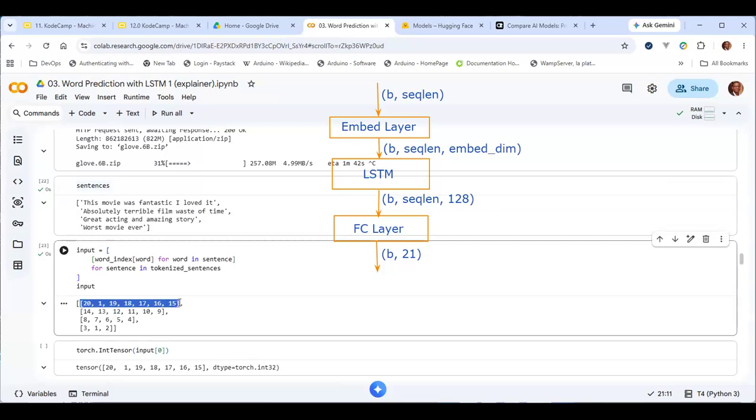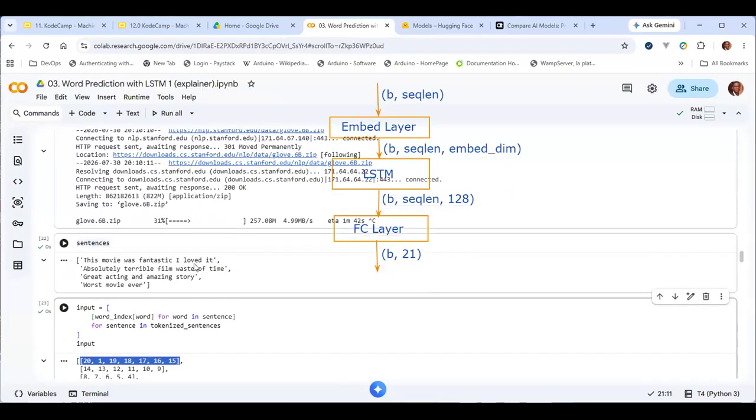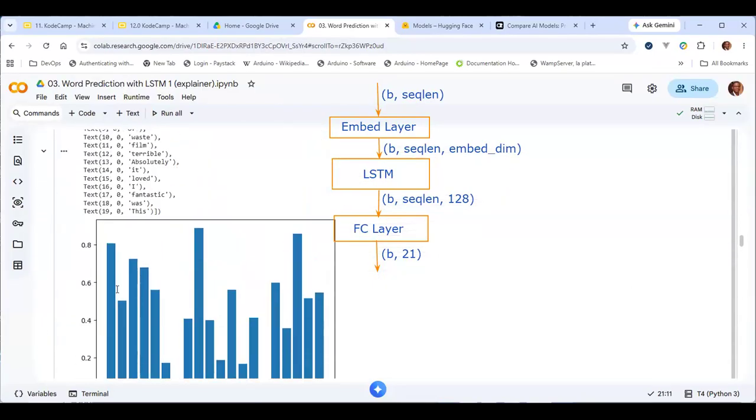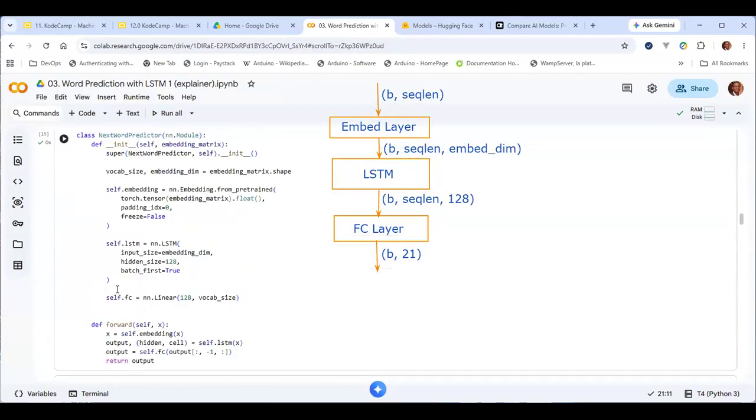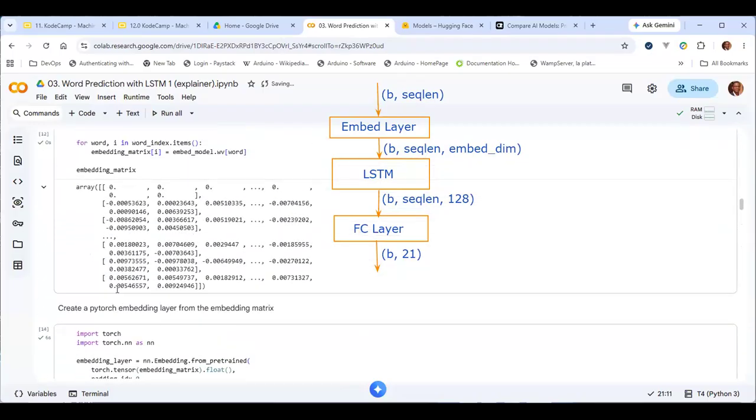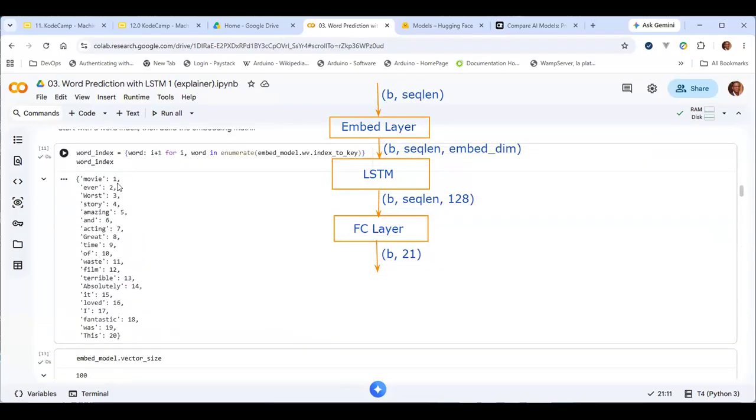The embedding layer we saw here is actually going to take the indexes or indices of each word in the vocabulary. If we go back to where we have the vocabulary, it's a bit way up, but the vocabulary has this number.